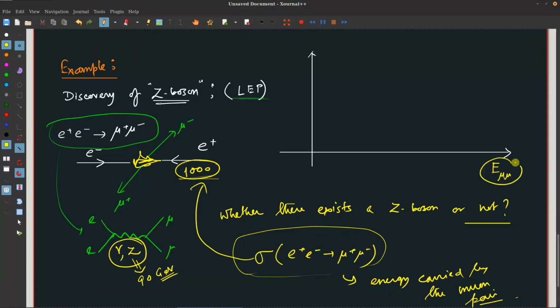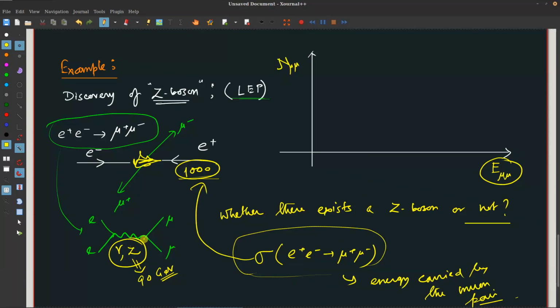This is kind of vague writing; actually, it's the invariant mass, but you understand what I mean here. So this is the energy carried by the mu mu pair, and this is the number of mu mu events. Okay, if you plot this, then you have two hypotheses, right? One hypothesis is that Z was absent, and another hypothesis is that Z is present.